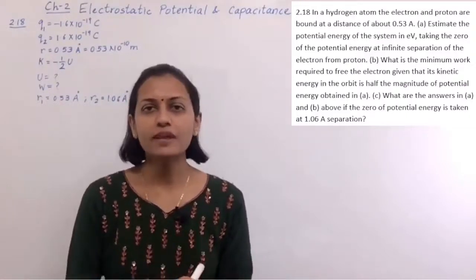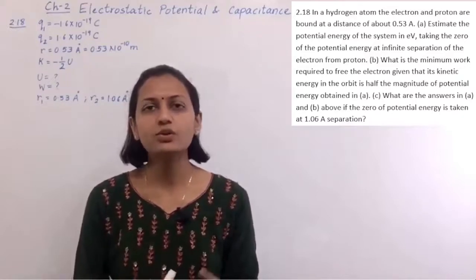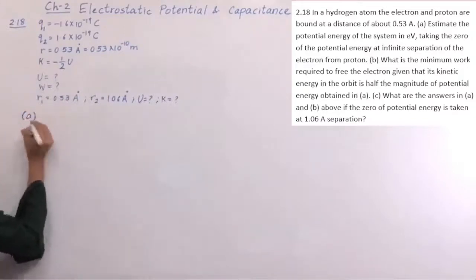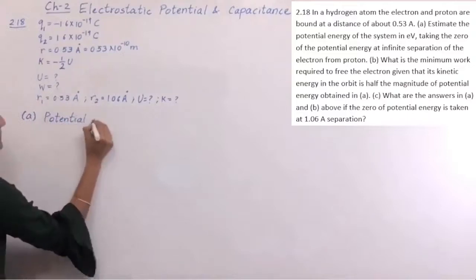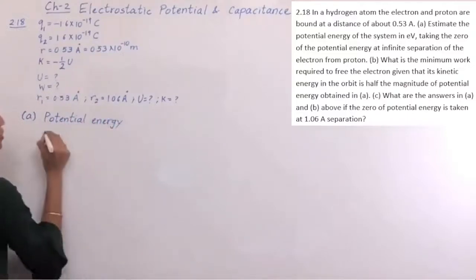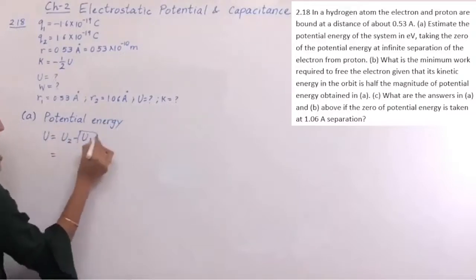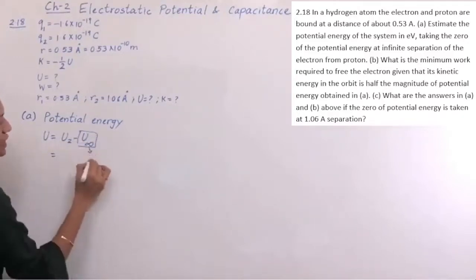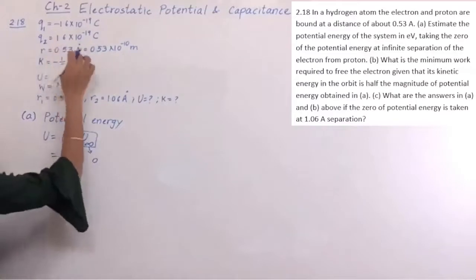So with respect to that, at 0.53 angstrom, you have to find out the potential energy. So U equals to U2 minus U1, right? So at infinite distance, U1 has already been given as 0. So whatever will be U2 is at distance 0.53 angstrom only.